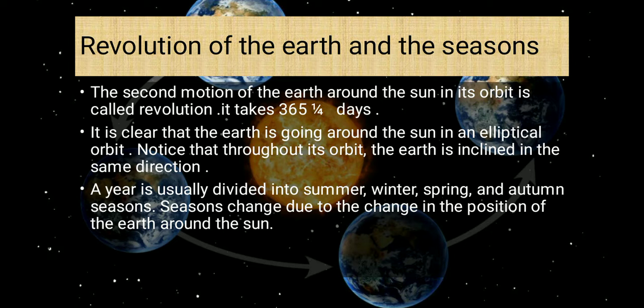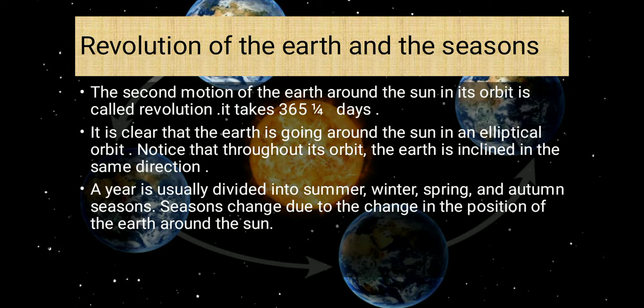The second motion of the earth around the sun in its orbit is called revolution. It takes 365 and 1/4 days. 1/4 means 6 hours, as we have understood in our first module also. As there are 24 hours in a day, 1/4 means 6 hours.